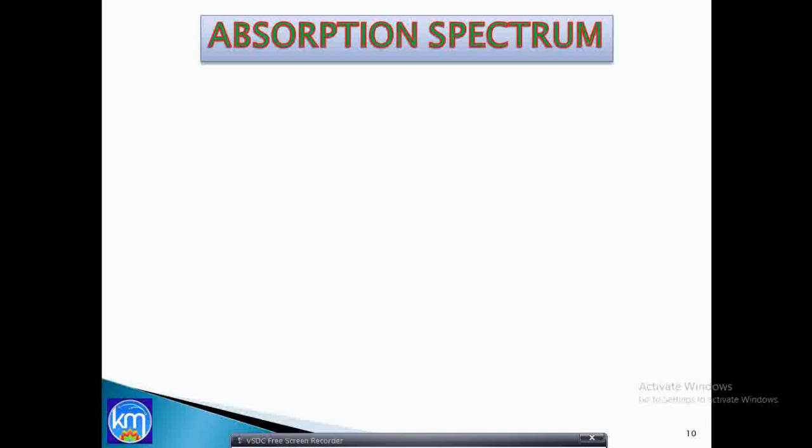The absorption spectrum is produced when the light coming from a source giving a continuous range of wavelengths, a continuous range of colors, is passed through some absorbing material, and some wavelengths are absorbed by the material medium. Then we get this absorption spectrum.